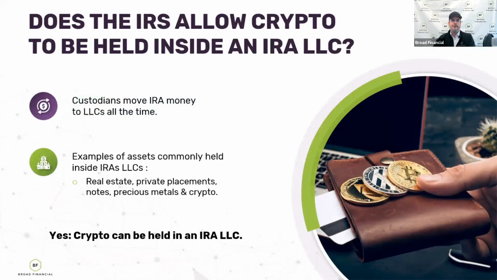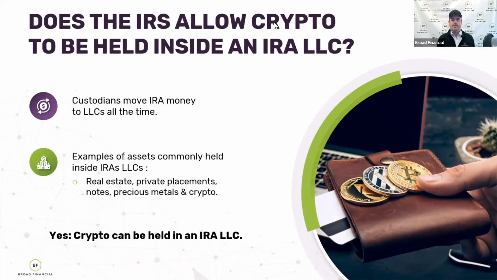Does the IRS allow it to be held inside the LLC? The answer is yes. IRA LLCs have been around for a long time. We ourselves have over 20,000 clients, probably pushing 25,000 or more. Occasionally people get audited. We can't tell you definitively that they won't get audited because they have one of our plans, but if they get audited, as people do, and we've had people audited, the LLC has always passed with flying colors.